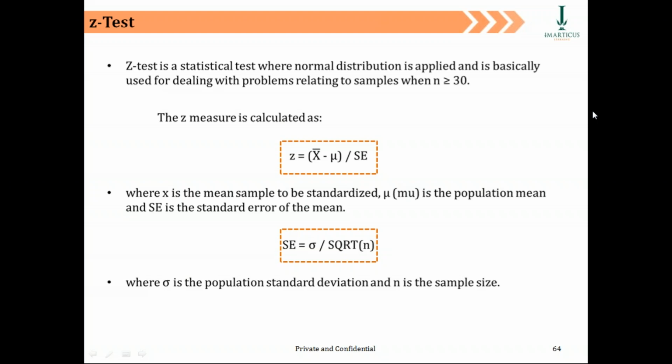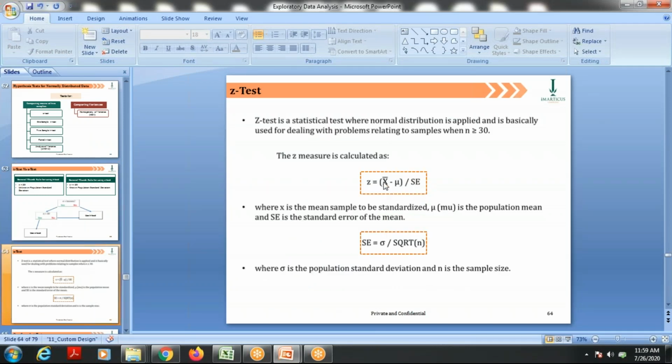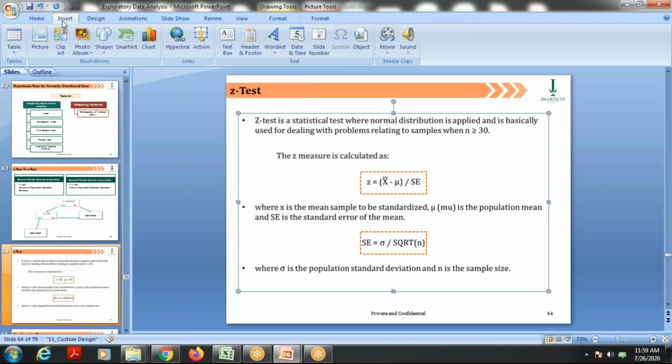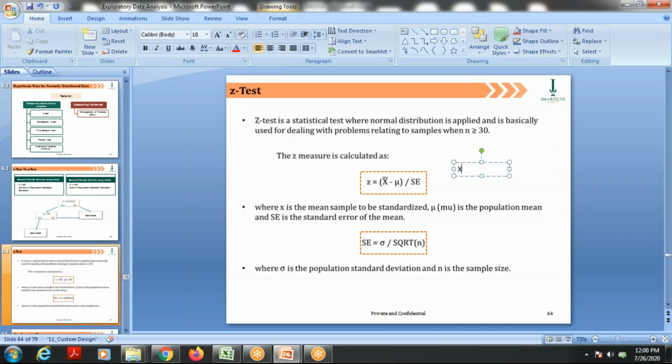Sir, X bar is the sample mean, right? Here I would say do a small correction. Wait. You can say x minus mu divided by SE. You remember this formula.